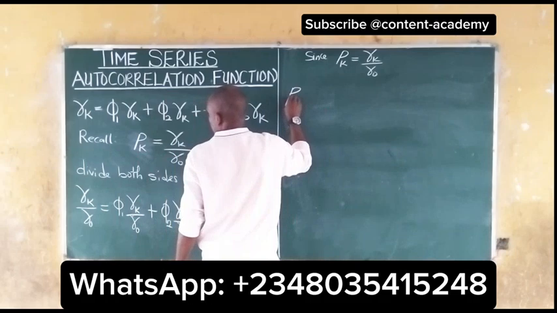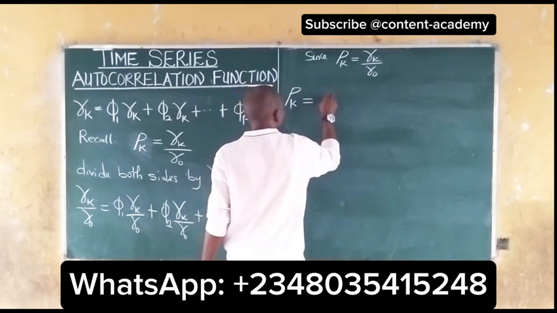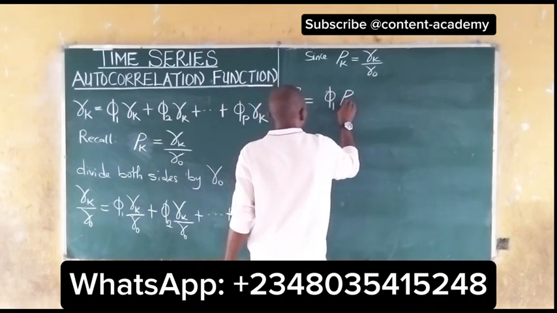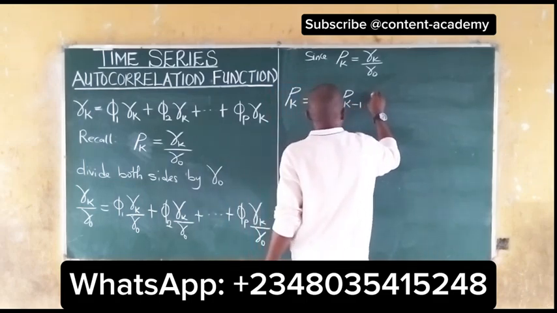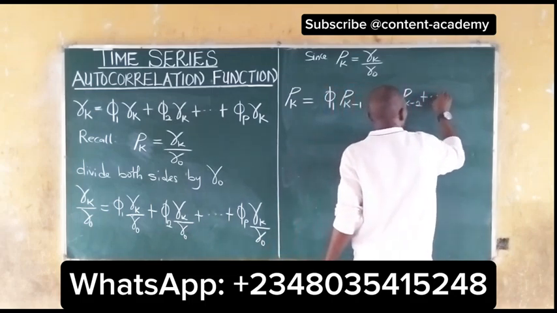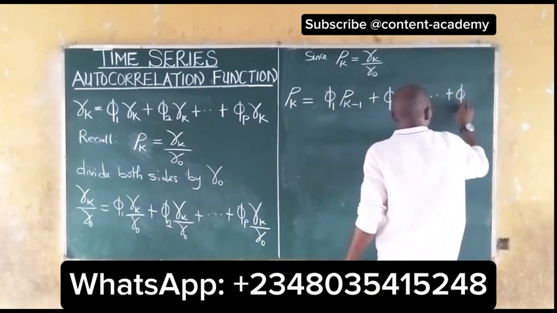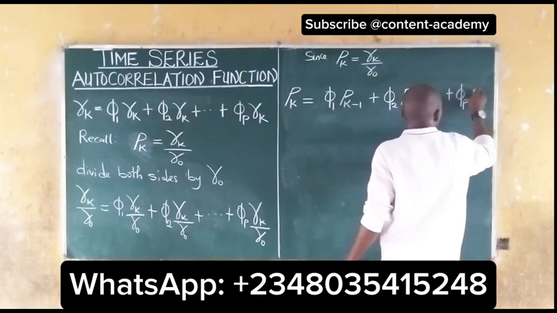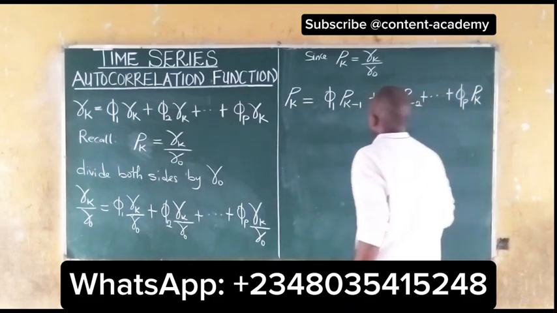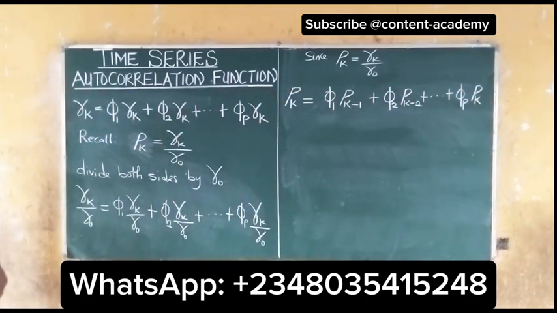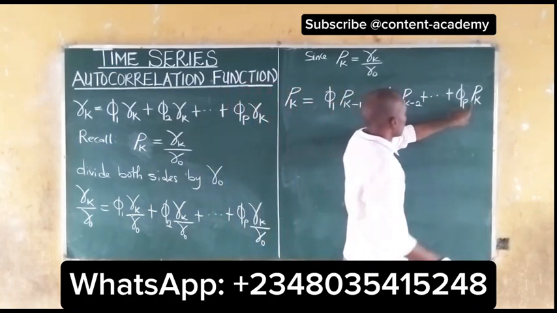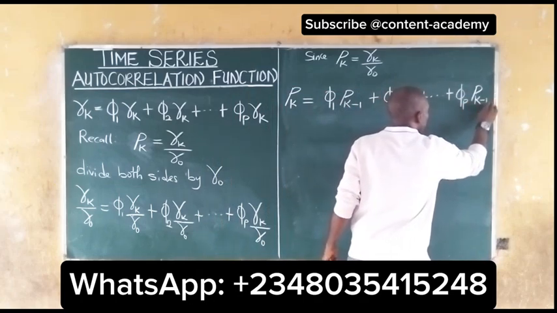So our autocorrelation function rho_k will now be equal to phi1 rho_{k-1} plus phi2 rho_{k-2} plus, continuing, phi_p rho_{k-p}.